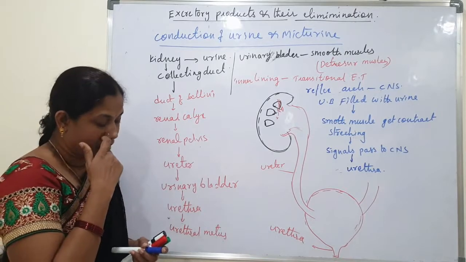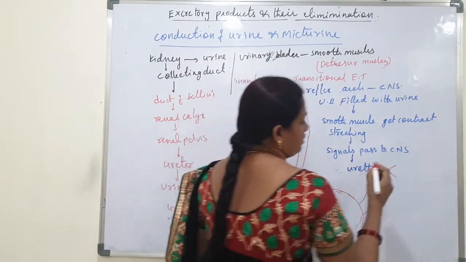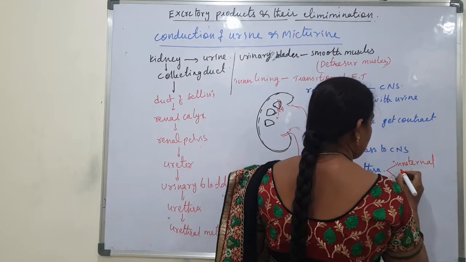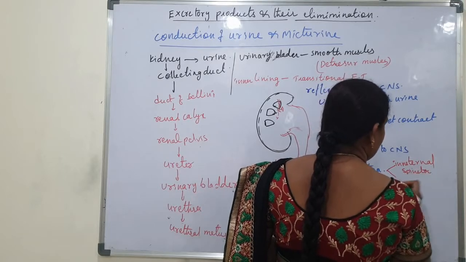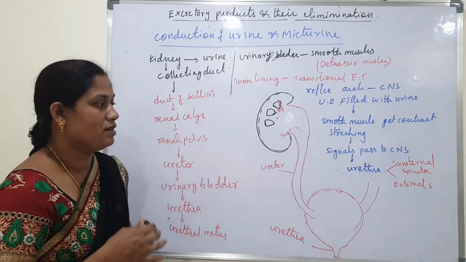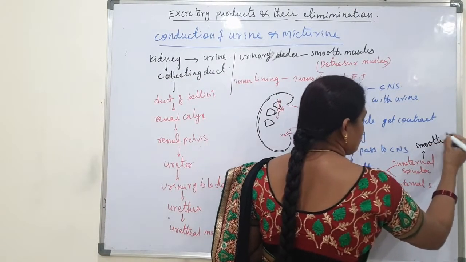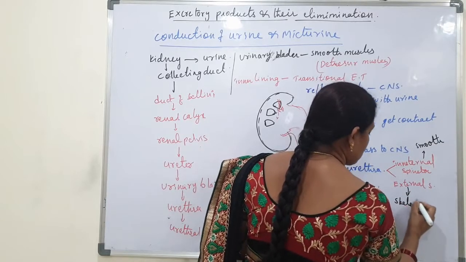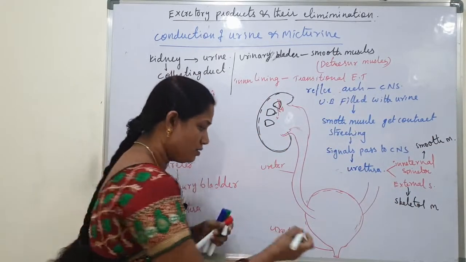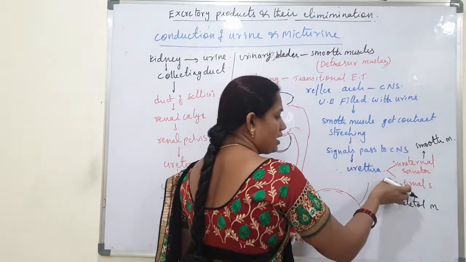Next, the urethra is made up of two sphincters: the internal sphincter and the external sphincter.